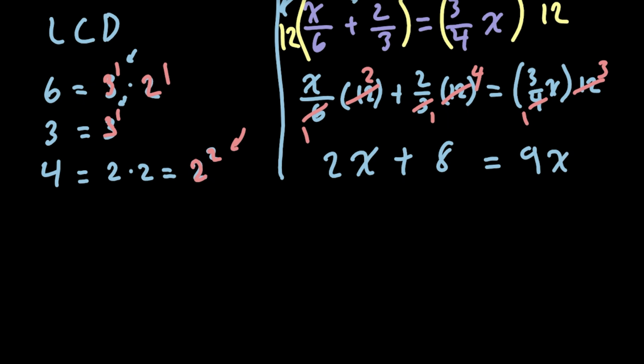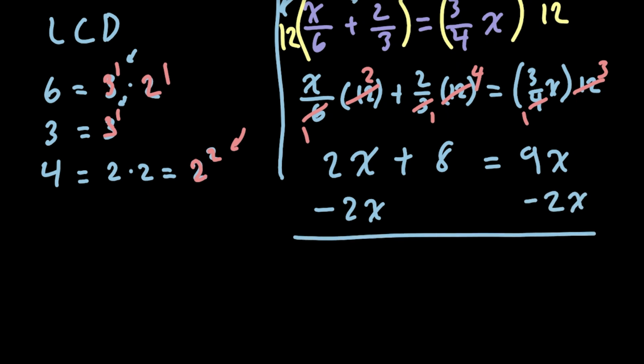Okay, so now we can just subtract 2x from both sides of this equation. So this 2x and minus 2x will be removed, and we will have here 7x. 7x would equal to 8. So we can just divide both sides by 7.